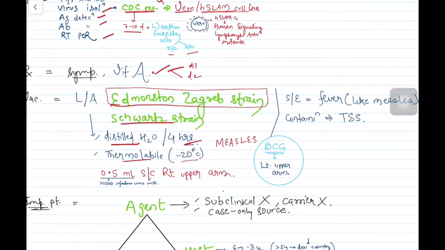You can remember it is subcutaneous, and this S is your superior hand. Superior means your dominant hand, that is the right arm. So in the right upper arm, you give this vaccine, 0.5 ml. But BCG you have to give on the left upper arm. Now this everyone knows, nothing to tell, we all have that scar.